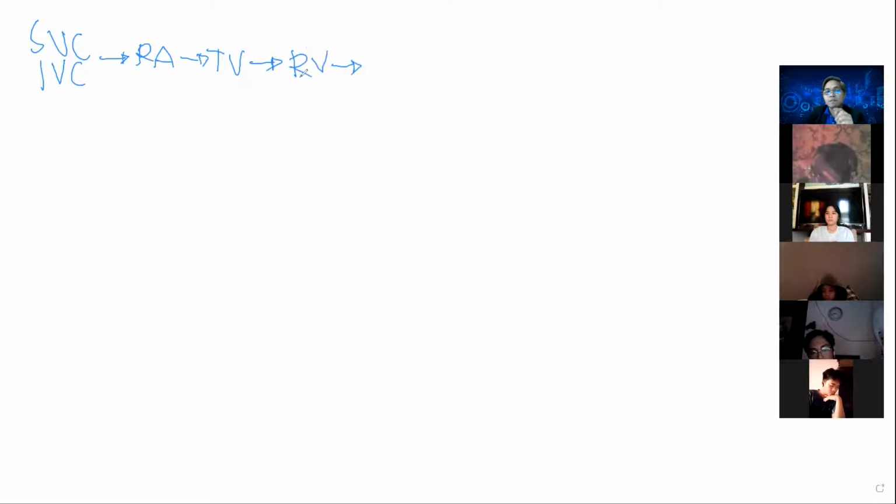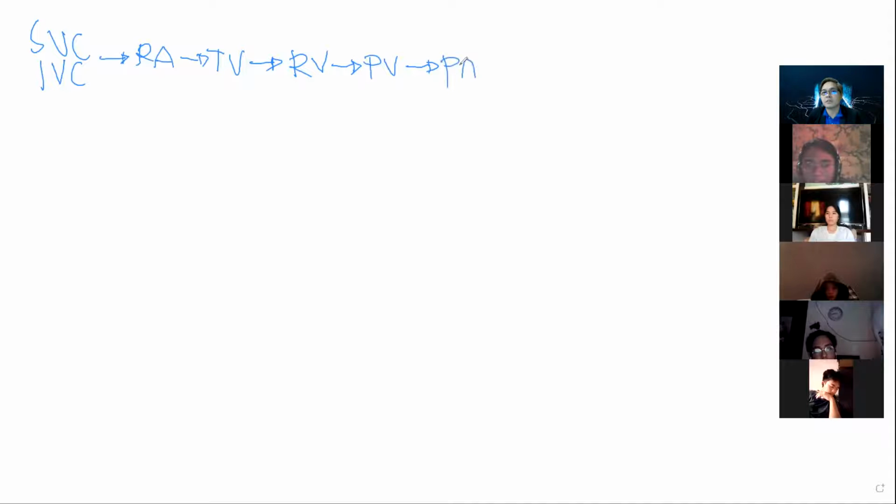From the right ventricle, in order for the blood not to have a backflow, it will pass again through a valve called the pulmonary valve. And then from the pulmonary valve, it will go to the pulmonary artery.